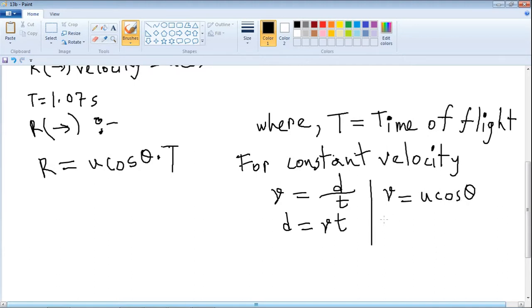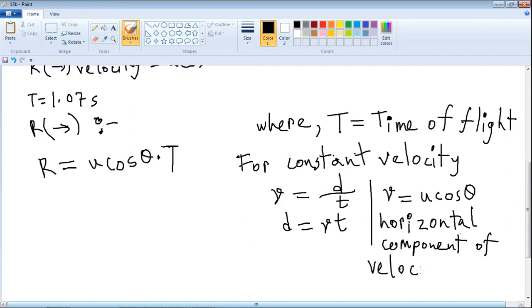This is the horizontal component of velocity.